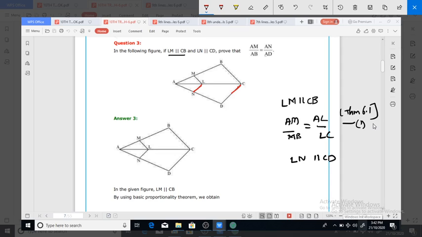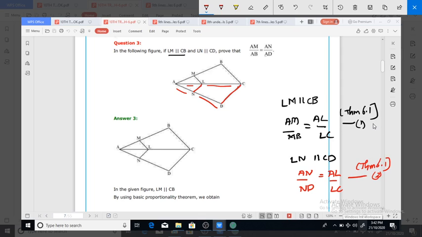LN is parallel to CD. If LN is parallel to CD, then AL by LC is equal to AN by ND. So AN by ND is equal to AL by LC. This is from theorem 6.1.